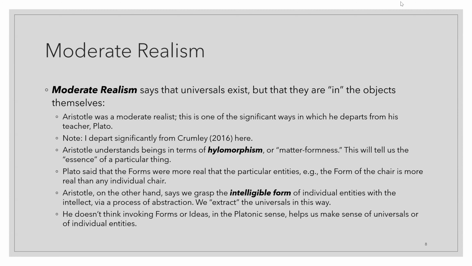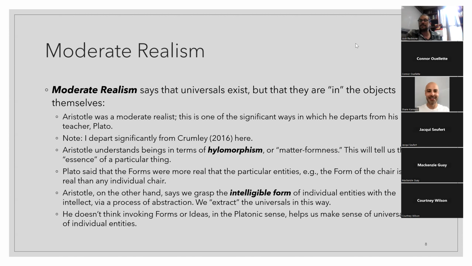Take cups, for example. Maybe I extract the universal of the cup from all my encounters with cups over my entire life. And I see this cup with my senses. I see all the other cups with my senses, but I extract from that using my intellect the intelligible form that is the cup.